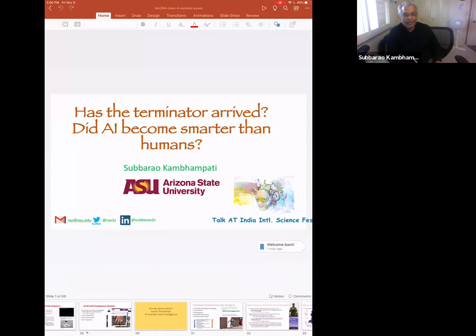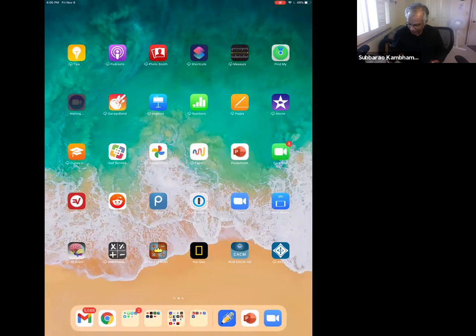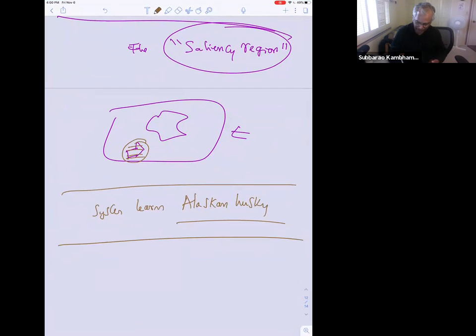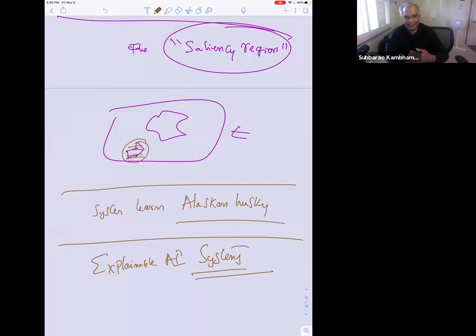And this is why the issue of explainable AI systems has become important. Explainable AI systems try to tell you, here is the reason, here is the class, and this is why we are saying it. So at least you can debug the systems.